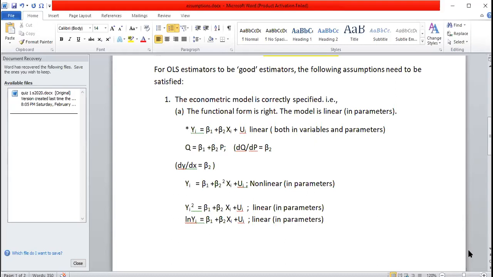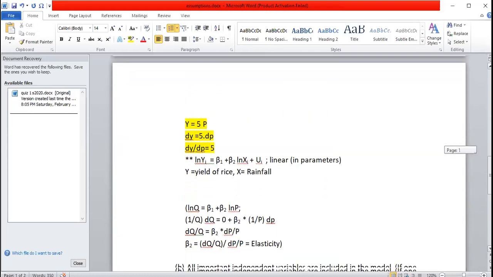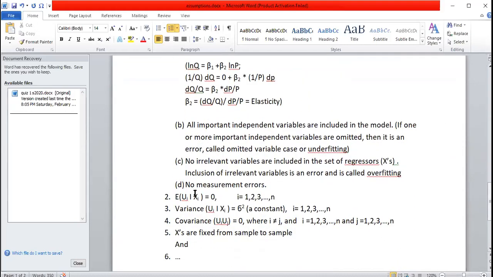Also, maybe any close substitutes' price should be included, and so on. You cannot omit any important variables from the model. If you omit, you will not get good results.